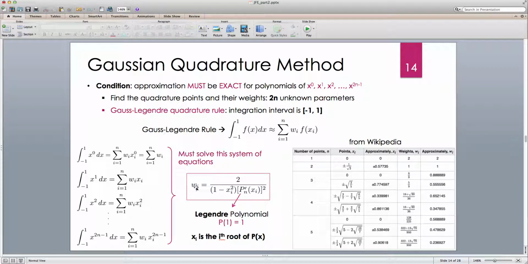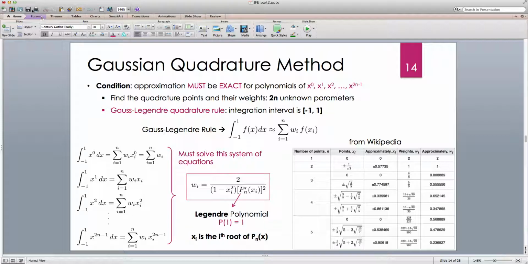So we are able to find the wi's in terms of the xi's. And how do we find the xi's? The xi is actually the ith root of Pn, which is the nth order Legendre polynomial.